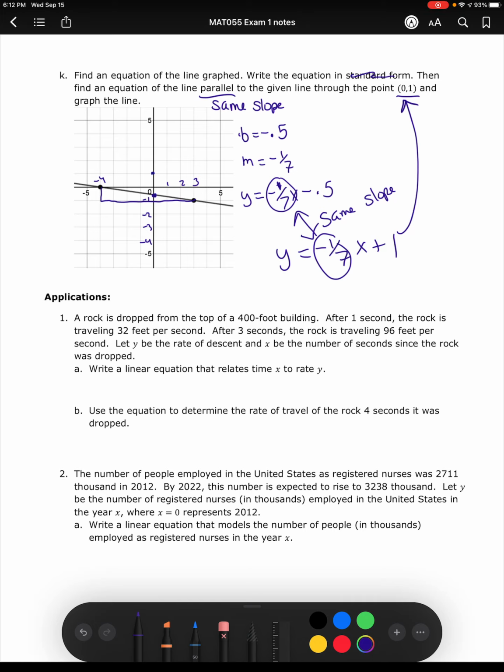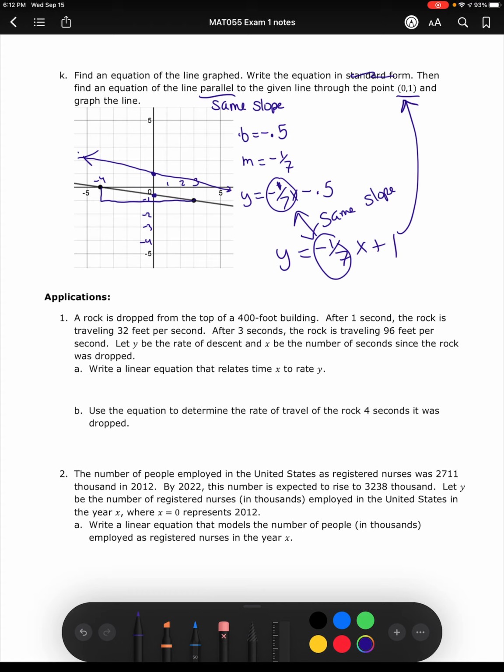So if I graph that, I would be plotting (0, 1) and then going over 7, I'm going to be on the same slope. So it's kind of sloppy, but it's going to be parallel because it'll have the same slope.